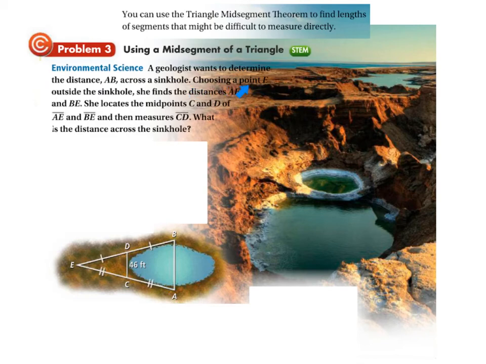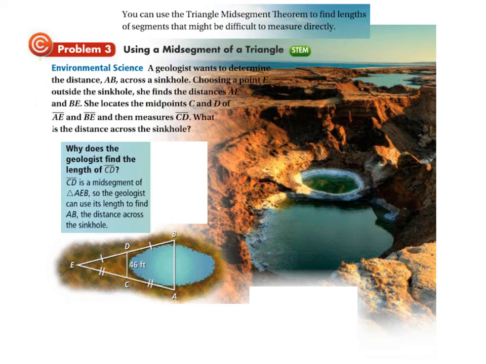So, choosing a point E outside the sinkhole, she finds the distance from A to E and the distance E to B, then finds the midpoints C and D of those sides, and measures segment CD. The question is, what is the distance across? Here it's 46 feet.